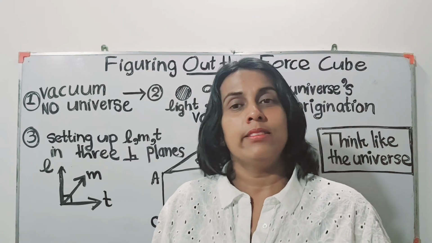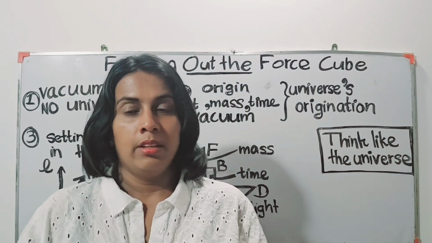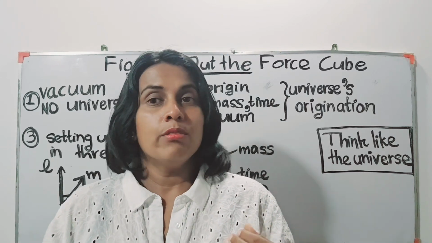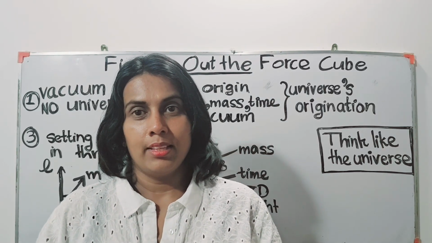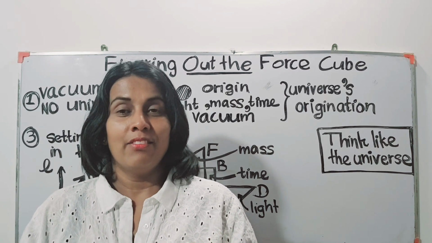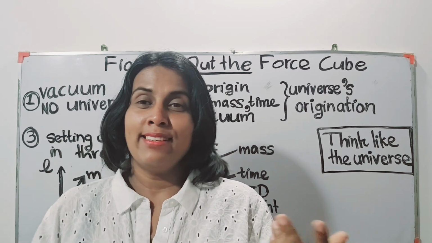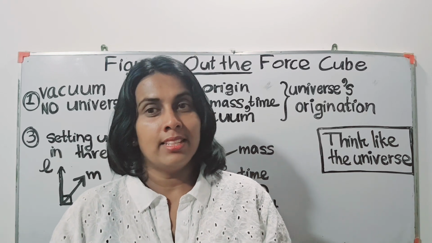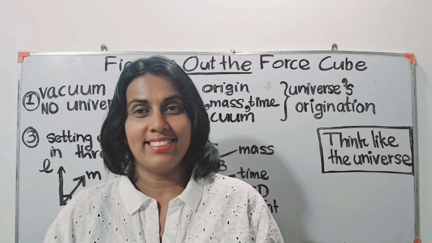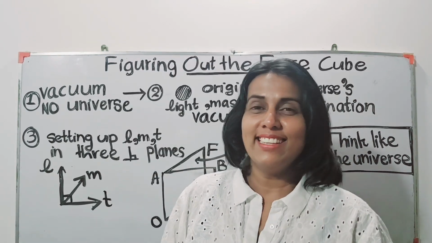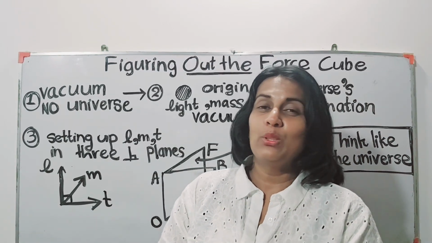All those things that the universe has thought, the universe wisdom knows. We can't even imagine what the universe has done for the continuous, everlasting existence of the universe. So now you also have to think the way that the universe thought.